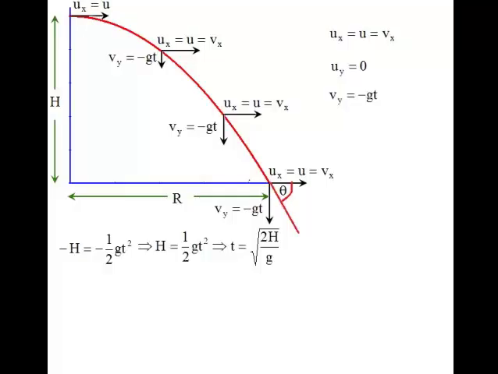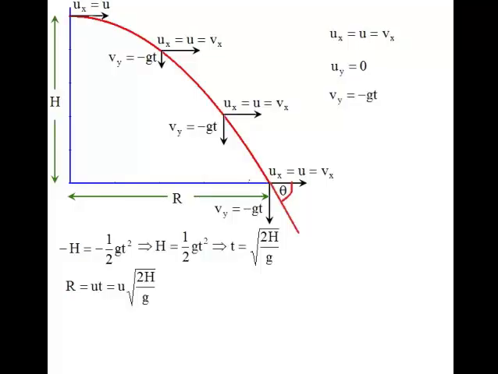The horizontal direction does not have any acceleration, hence the total distance covered will be only velocity into time. So there is no acceleration, and we can use the formula distance is speed into time, and we get r is equal to u into t, where u is the horizontal velocity and t we have just calculated, under root 2h upon g.